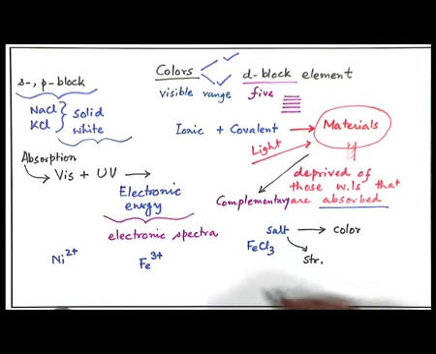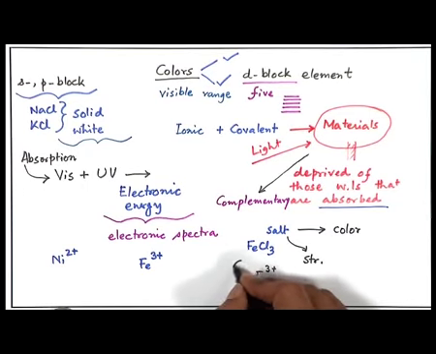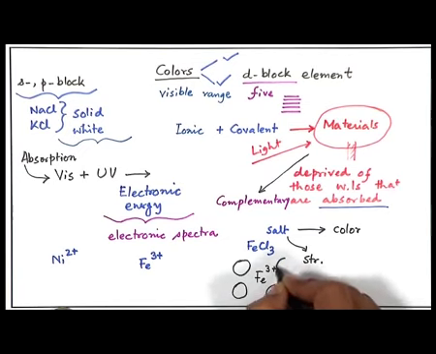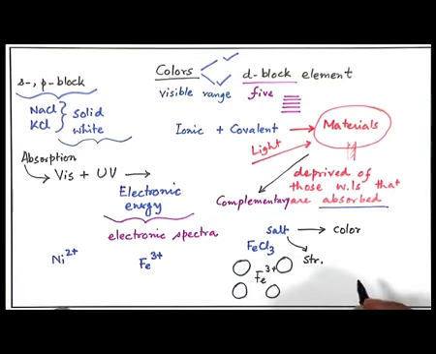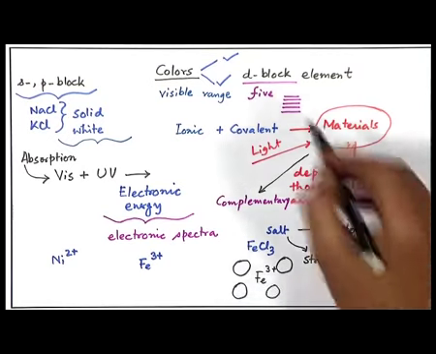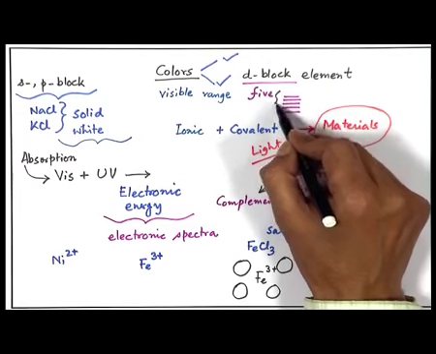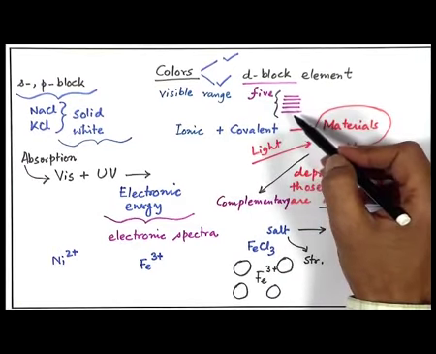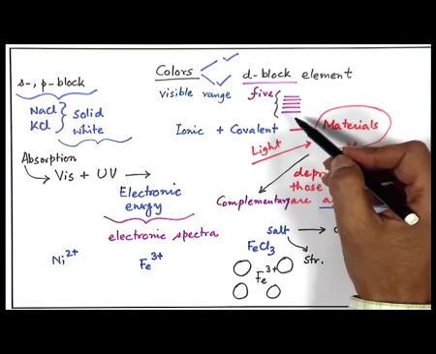So, in the solid state structure we have Fe3+, which is surrounded by different numbers of corresponding spheres of chloride ions. When chloride ions are surrounding Fe3+, we should also have some idea of what will be the condition of these 5 degenerate d orbitals or the 5 degenerate d levels.